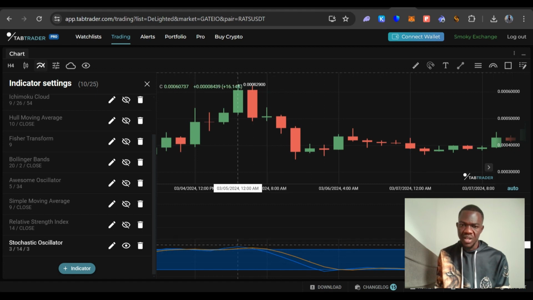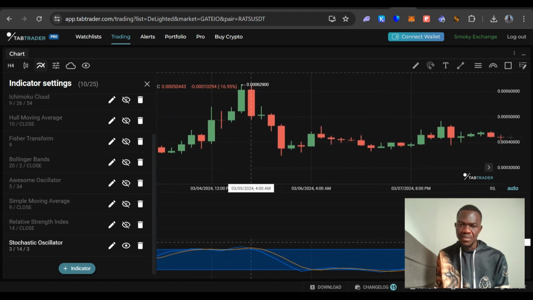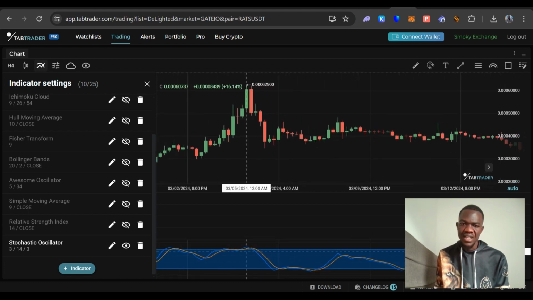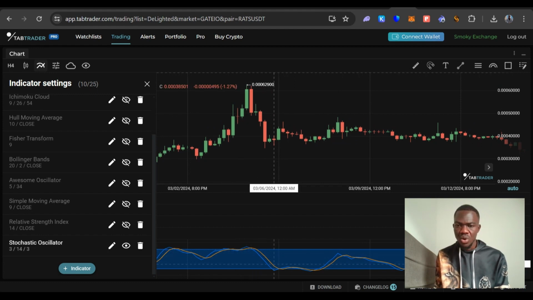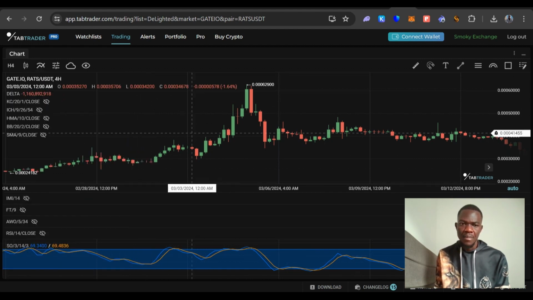Most times we see that these stochastic lines have reached an overbought point. So it is above this particular line. If you look at it carefully, most times there are chances that it is definitely going to come back into this line and then begin to favor my movement.